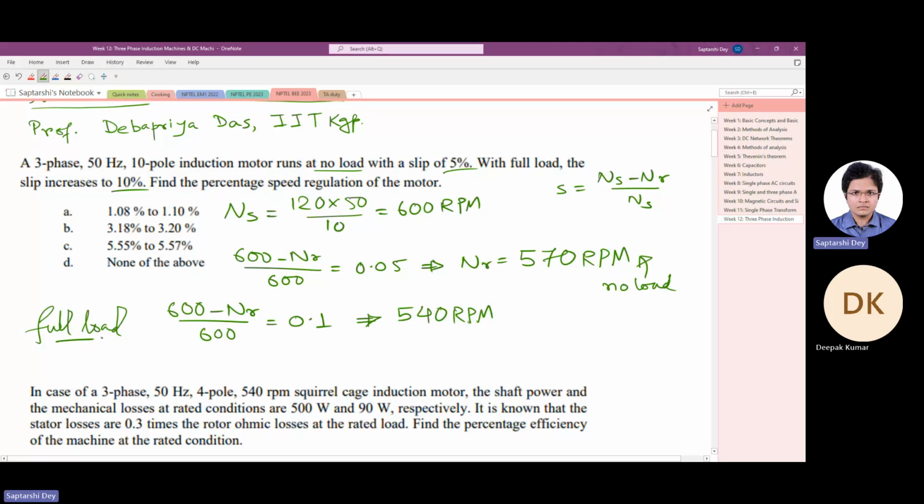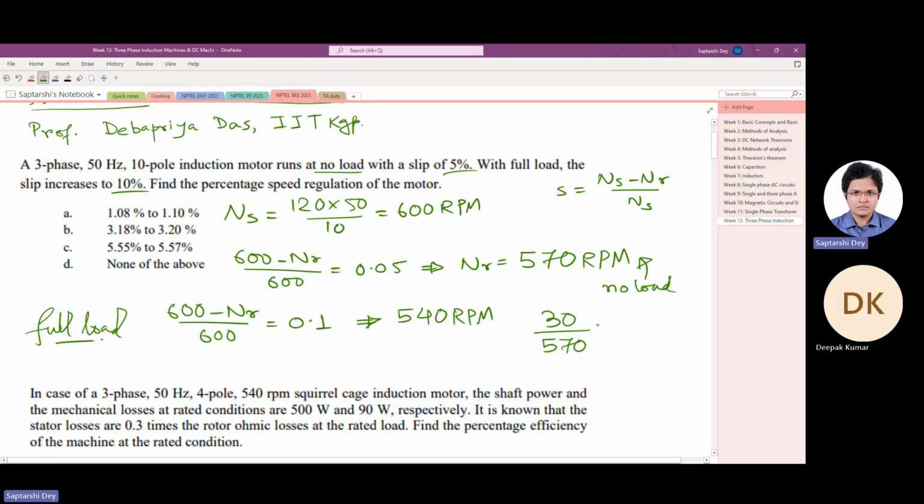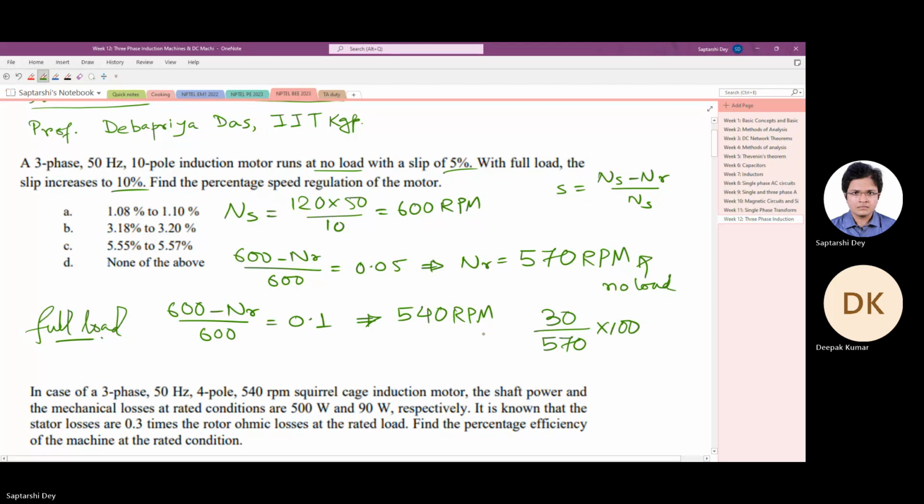The percentage speed regulation of the motor. So the drop is 30 by 570 into 100%. So it is 300 by 57, 5.26%.